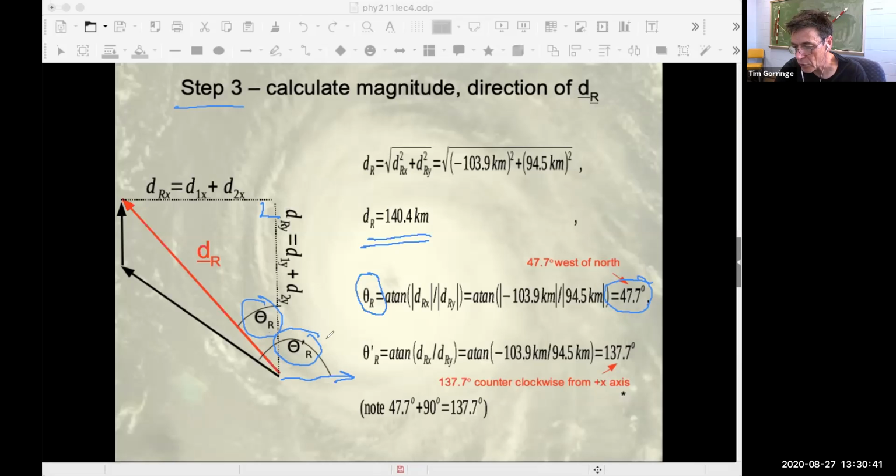So that would be an alternative way of specifying the direction. That comes out to be 137 degrees, i.e. it's 90 degrees more than the 47 degrees compared to the direction of due north. Okay, so that's one example of addition of vectors.